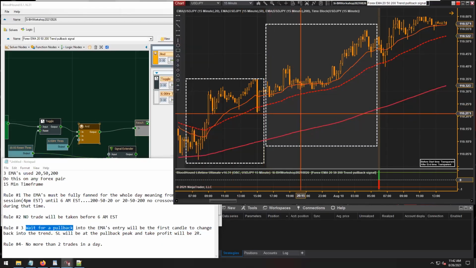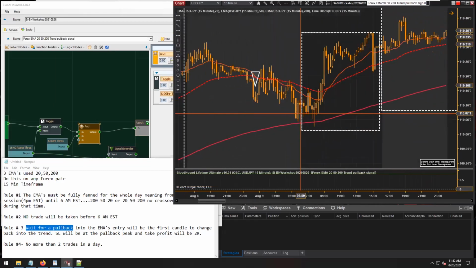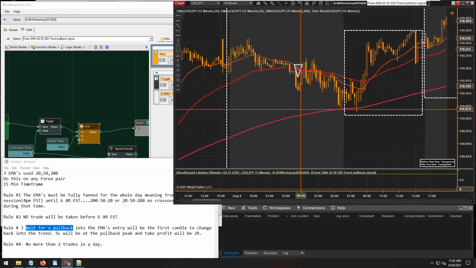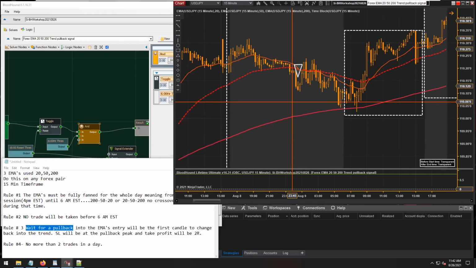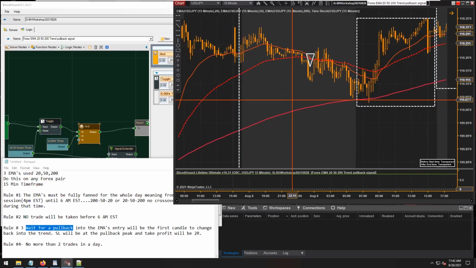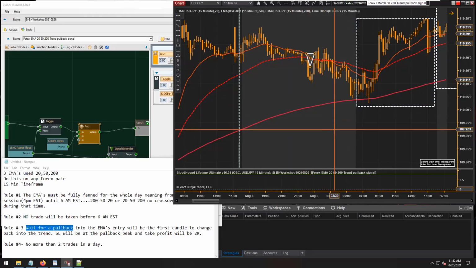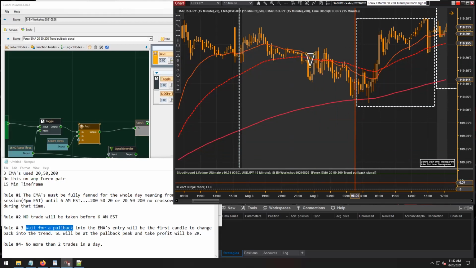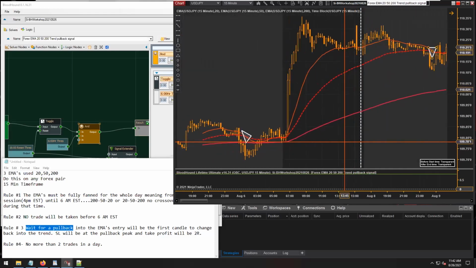So let's take a look back through the chart and identify or verify that this is working here. All right, so here's a crossover where that little triangle is, and there's no BloodHound signal, or there's no long and short output when this block of time ends here.